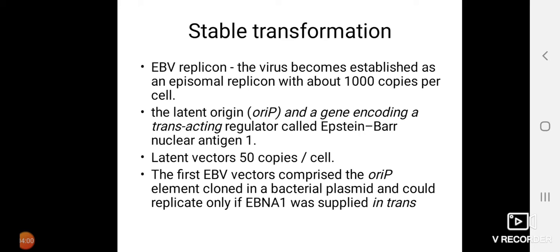So that is the stable transformation. For example, with the EBV replicon, the virus becomes established as an episomal replicon with about 1000 copies per cell.